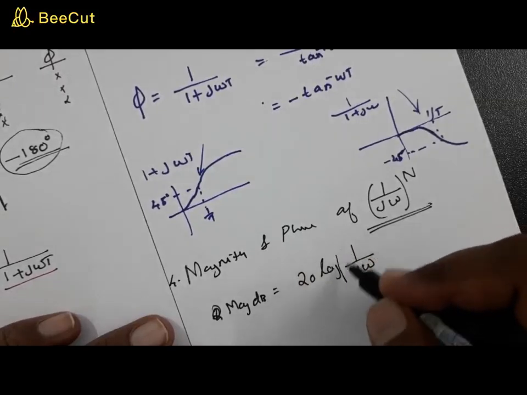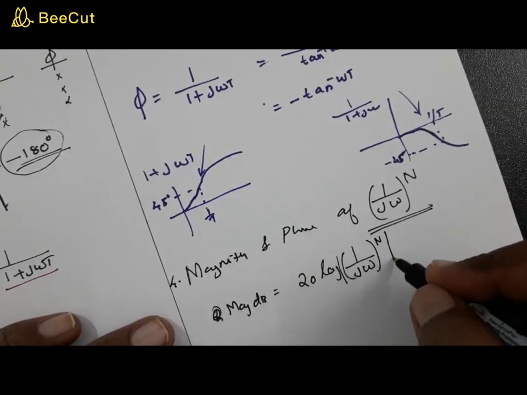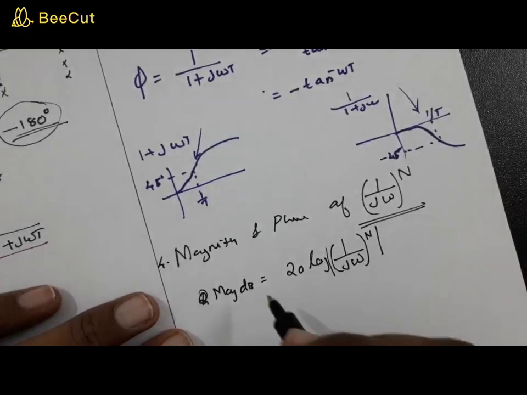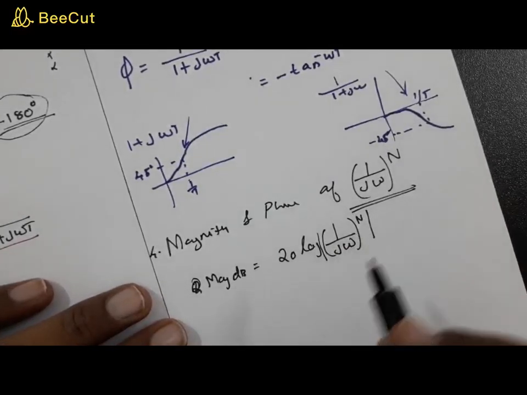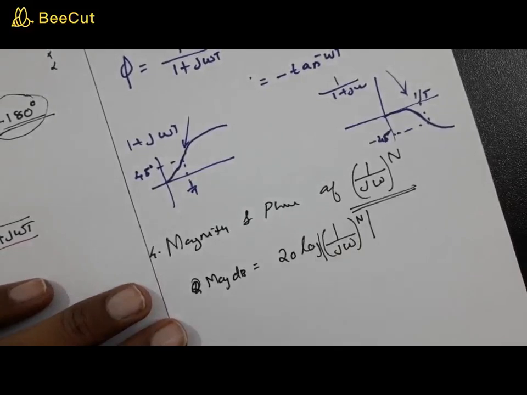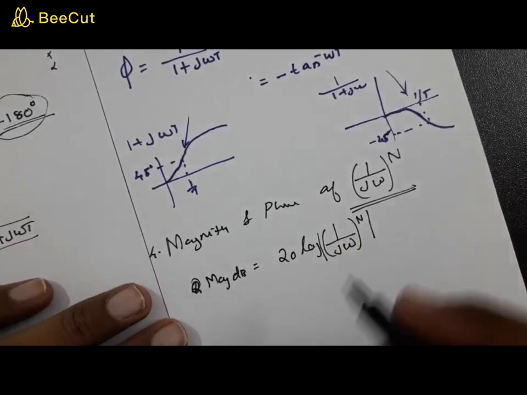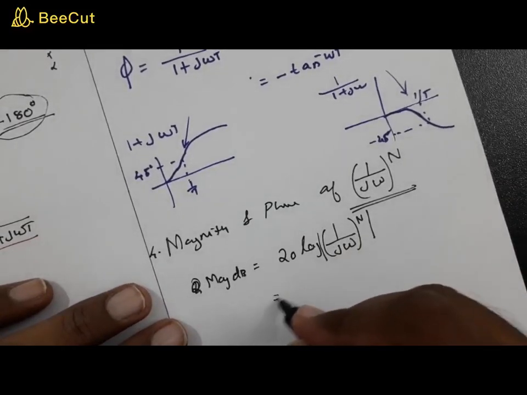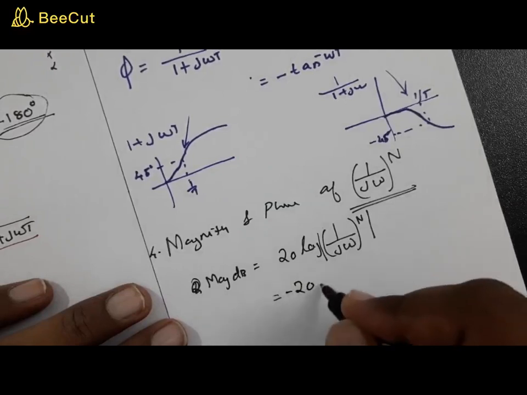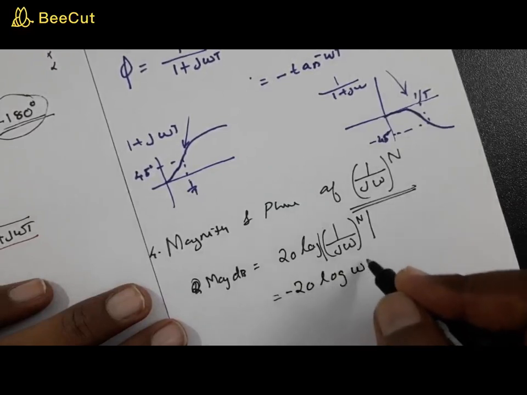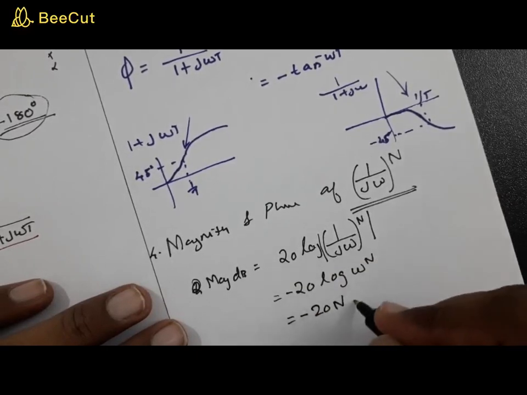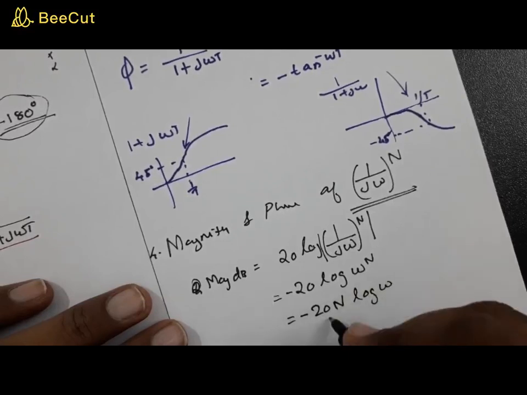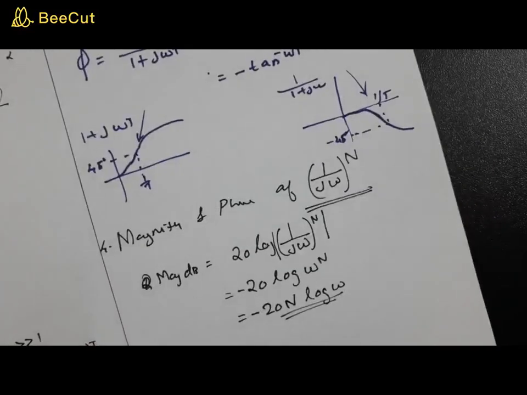Now we know that the magnitude of j omega is omega itself, root of omega squared, which is omega. So this can be written as minus 20 log omega raised to n, or minus 20 n log omega, right?